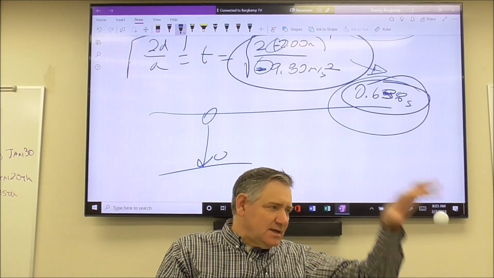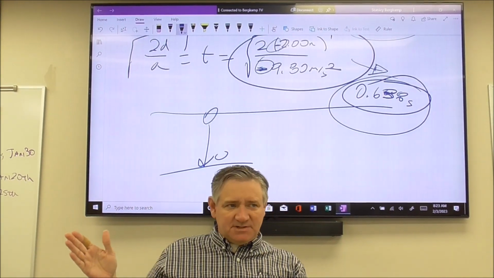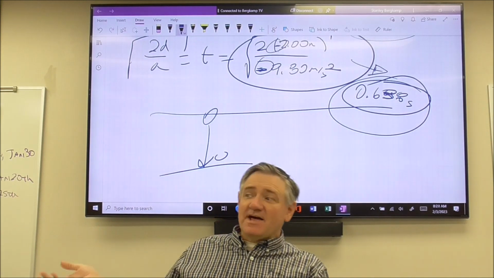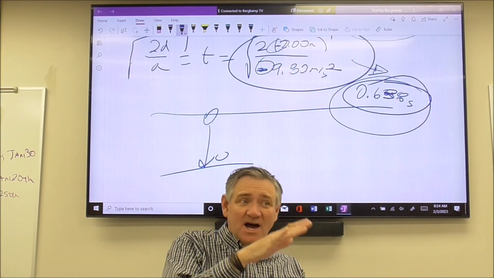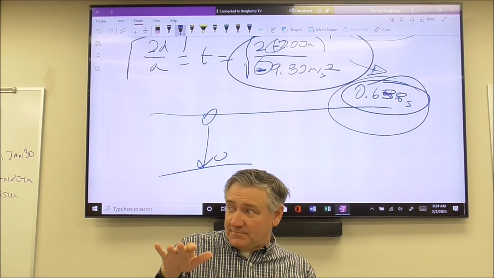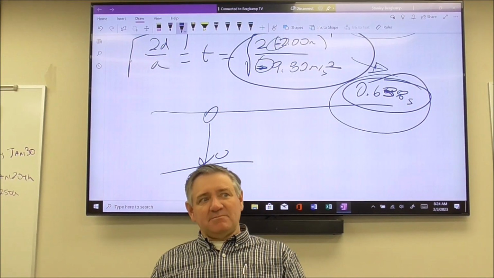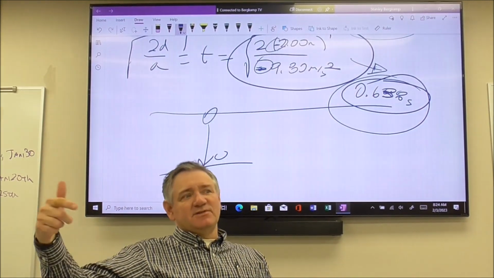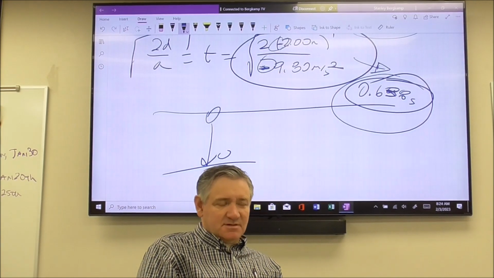Is my velocity at impact going to be exactly negative 9.8 meters per second? Less than negative 9.8, like maybe negative 6, negative 5, negative 4, something like that? Or is it going to be bigger than negative 9.8, like maybe negative 10, negative 11, negative 12, something like that? Those are your 3 options.